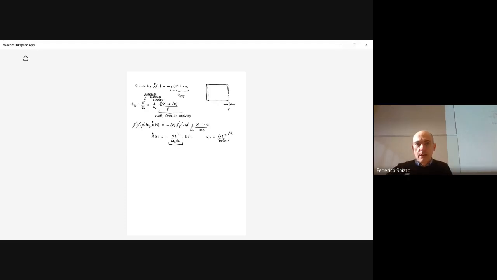So there is just this small detail to consider when we discuss this simple picture, to give a meaning to the value of the plasma frequency that was obtained from the Drude model.